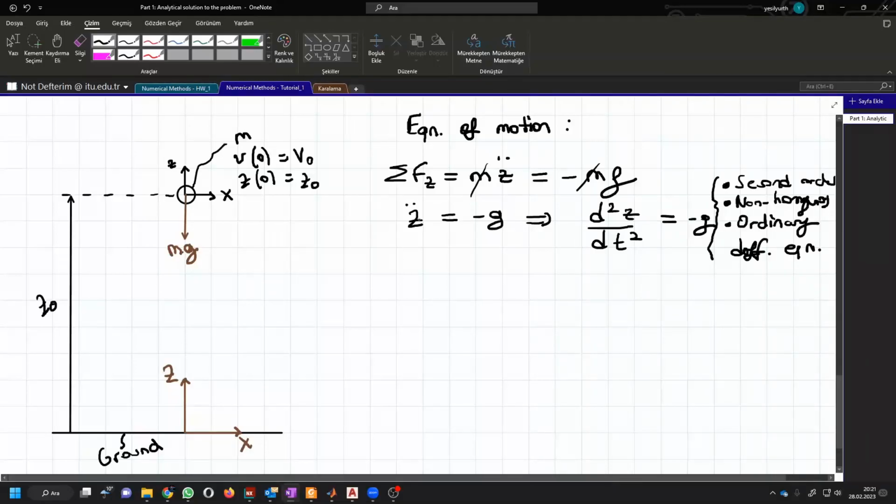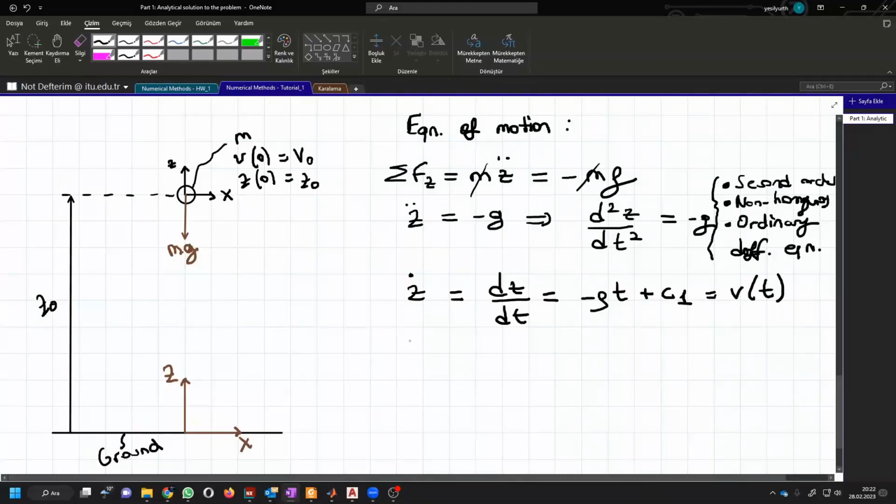If we integrate this equation once, we will get z dot, of course dz over dt, equal to minus gt plus an integration constant c1. This will be v of t, the velocity of the body.